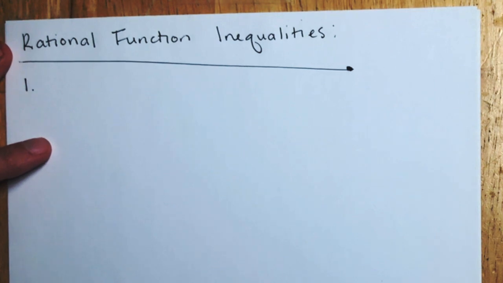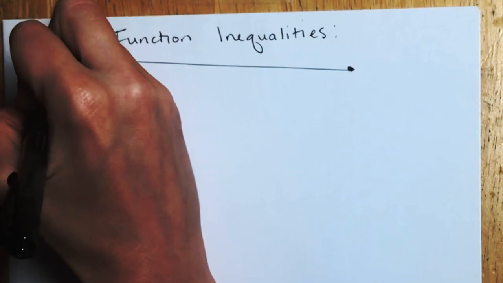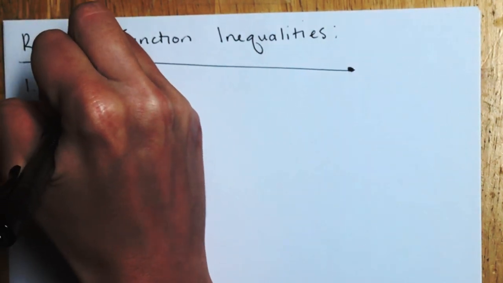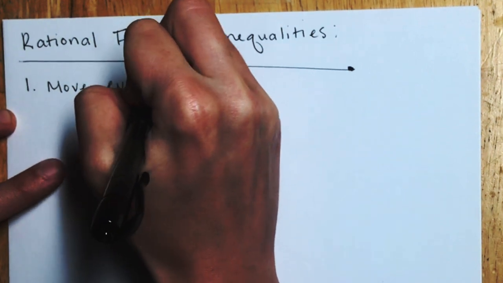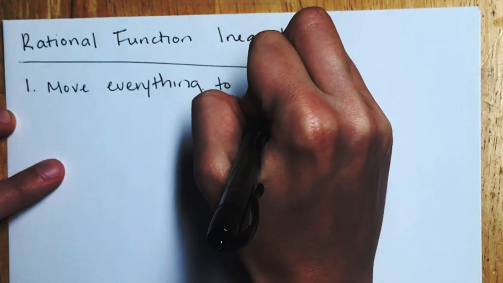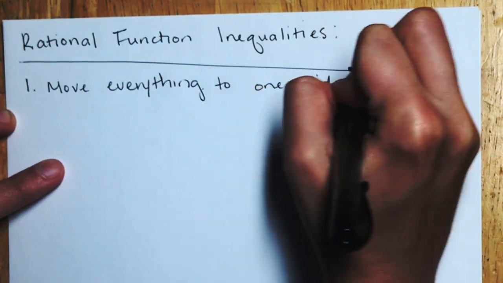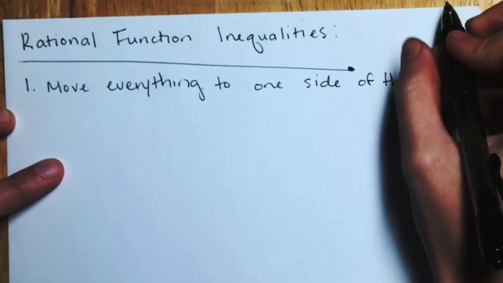What did we always need to do? Very first thing. We always needed to set it equal to or unequal to 0, right? So we need to move everything to one side of the inequality.